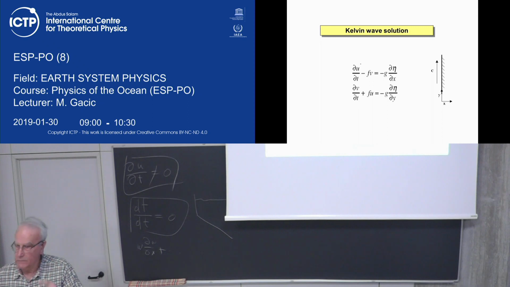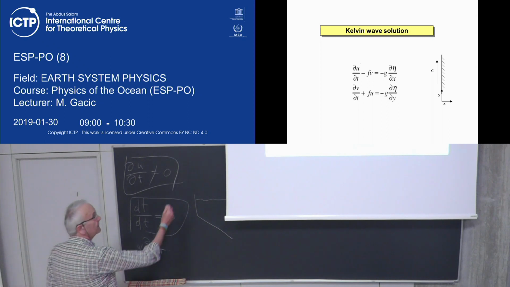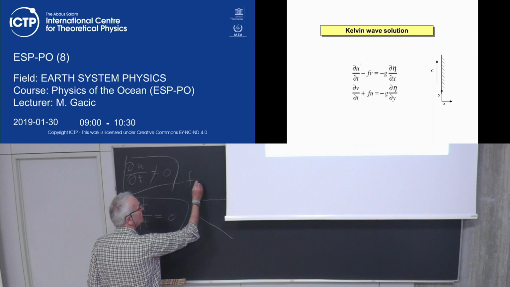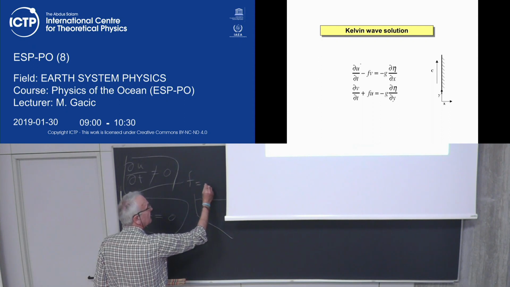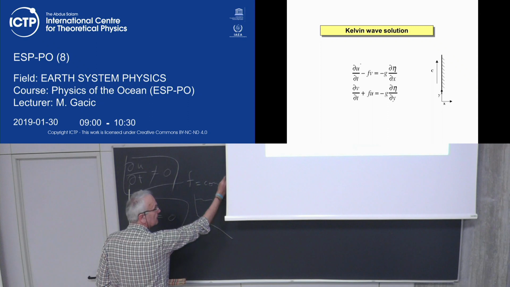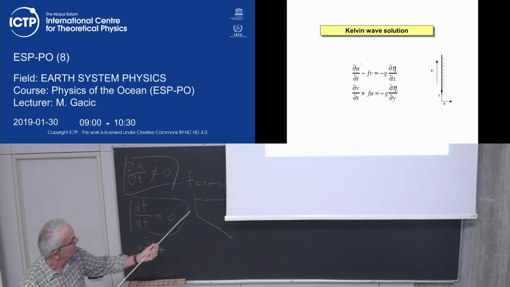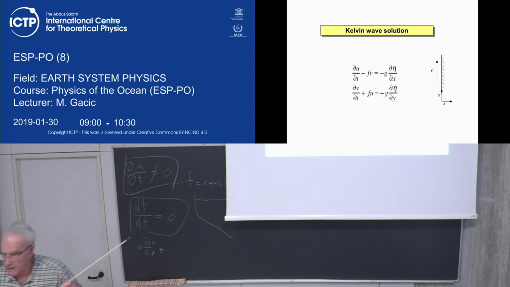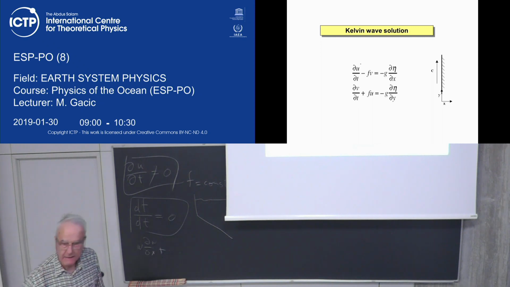Unless we assume that f is constant. So Kelvin waves are on the f-plane, f is constant. So if the particle is moving parallel to the coast, f doesn't change, because the particle is moving north-south over short distances, on the order of 100 kilometers. The only thing that would happen is that the relative vorticity would change. And how would the relative vorticity change?